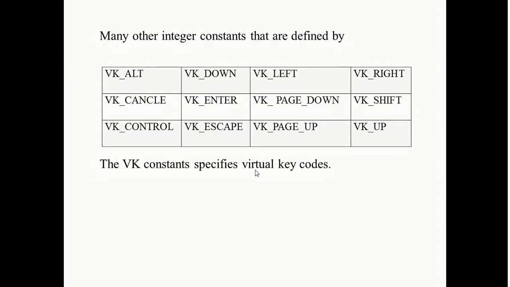These are the integer constants of the key event. And the VK constant specifies the virtual key code. So VK is nothing but the virtual key code. The key event is generated when the key on the keyboard is pressed or released.